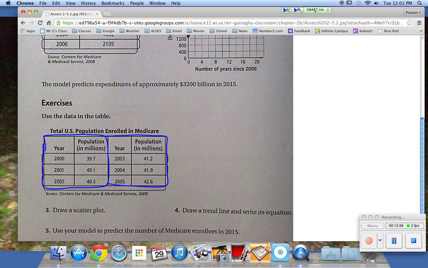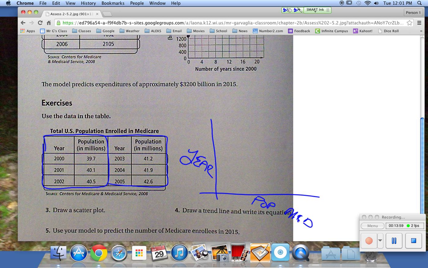So you actually get six plots. You got the year, and you may do something like this. You may make this year and this population, Medicare over here. And you graph it out.